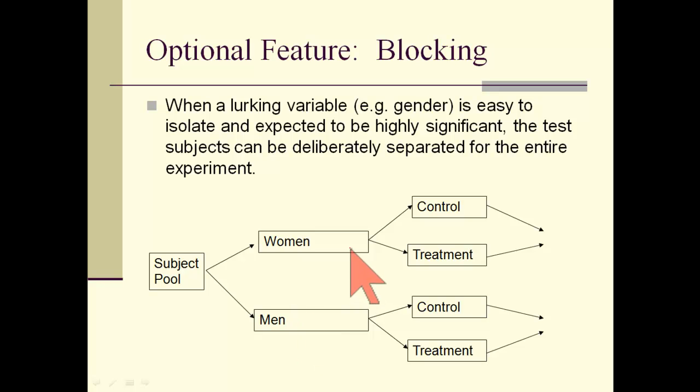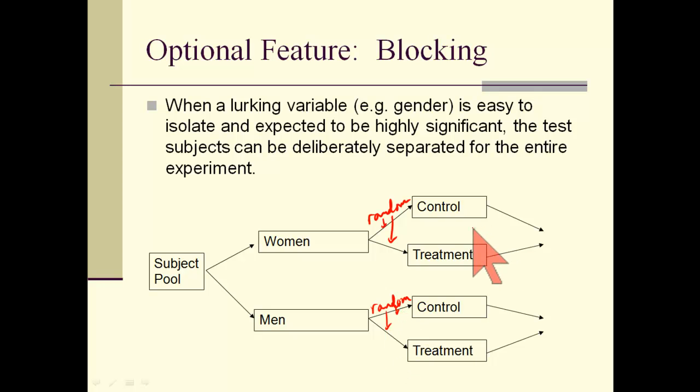And then for the females, this part is then random, we'll randomly split the women into a control group and a treatment group, and likewise we'll split the men into a control group and a treatment group.